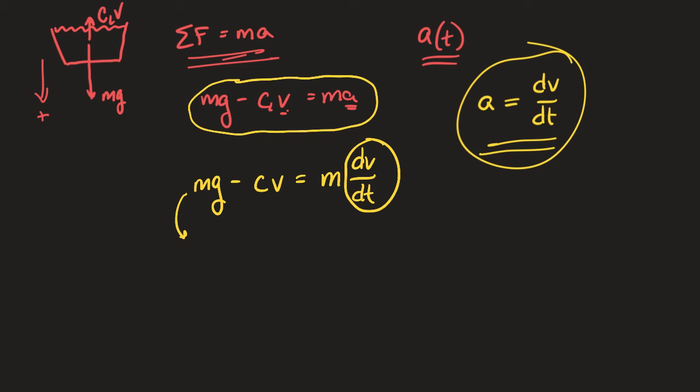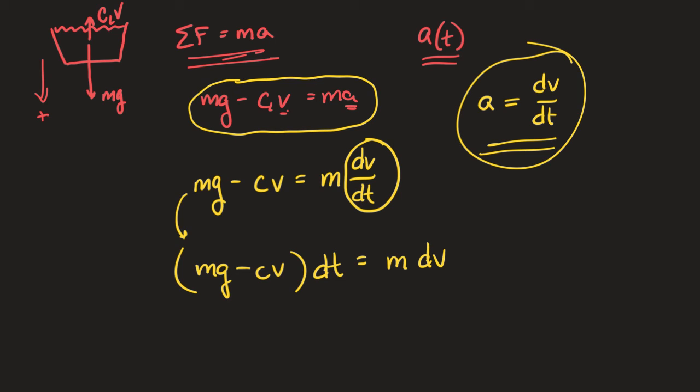To separate variables, you have to split your derivative. I've split my derivative. I multiplied both sides by dt. We're moving towards a separated system.